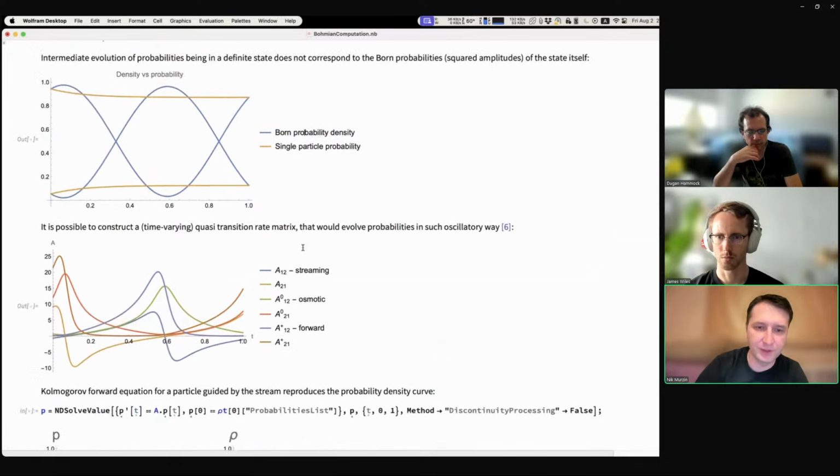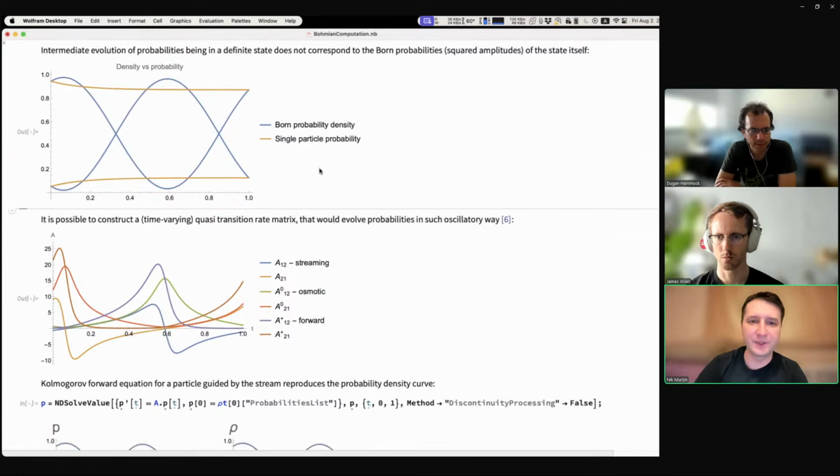So, this was my attempt, which is just following some old literature from the 80s, how to formulate the stochastic mechanism so that the actual probability also follows the density matrix. So we can know that the probability of the particle being in a definite state is the same as the density of the wave function, the pilot wave, right?